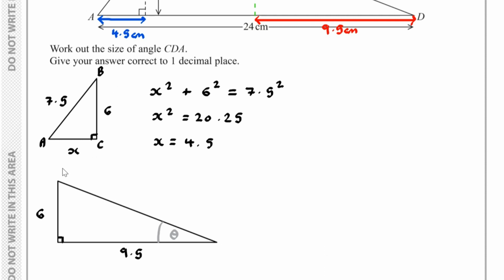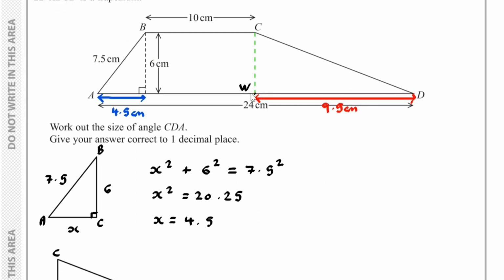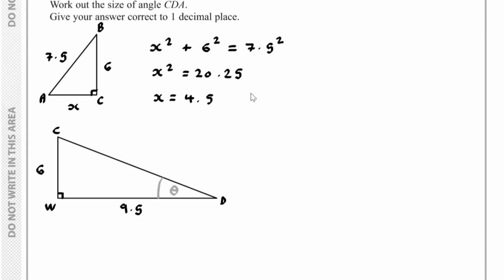So we've got C and D, and let's call this point W, say. So we've got the opposite and the adjacent. What connects those is tan. So we've got tan theta, which is equal to the opposite 6 over the adjacent 9.5.